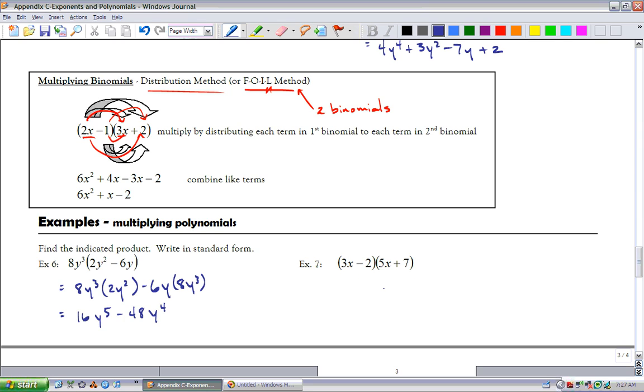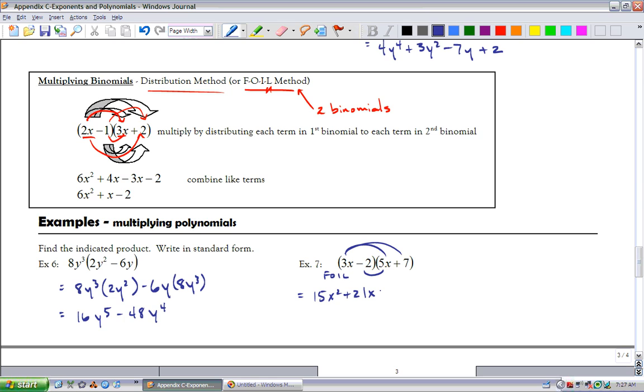In the next one here, we can use the FOIL method. I'm going to show you two ways. The first way is by FOIL. So we would go first, which is 3x. Go ahead and just multiply these: 3x times 5x, which is 15x squared. 3x times 7, which is 21x.